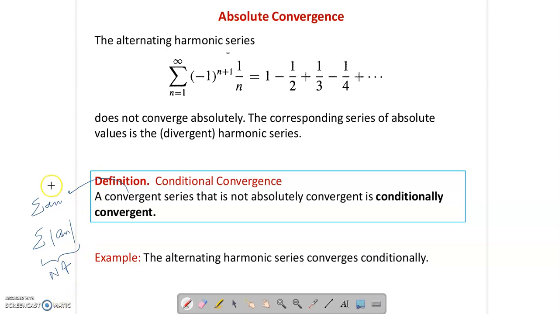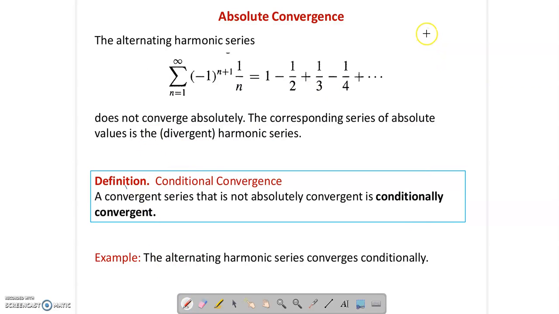So we say that this series converges conditionally. For example, in this series, this is a convergent series, but the corresponding series of absolute values is not convergent. So this series is not absolutely convergent, but it is conditionally convergent. We call such series, where the series is convergent but not absolutely convergent, conditionally convergent.